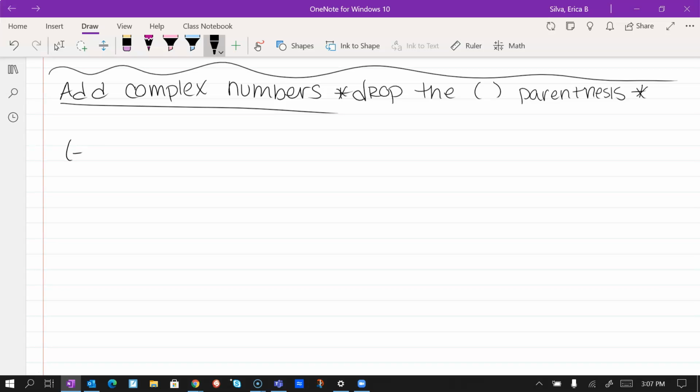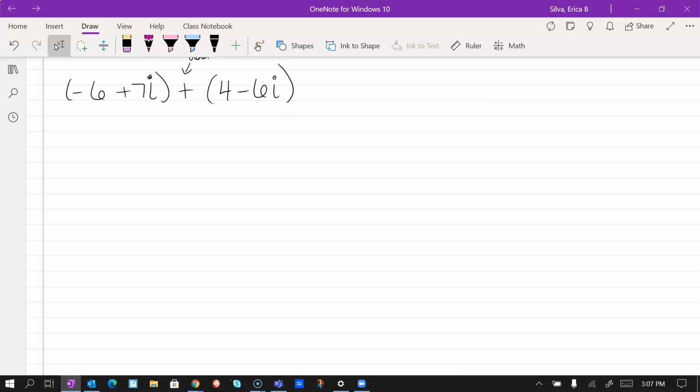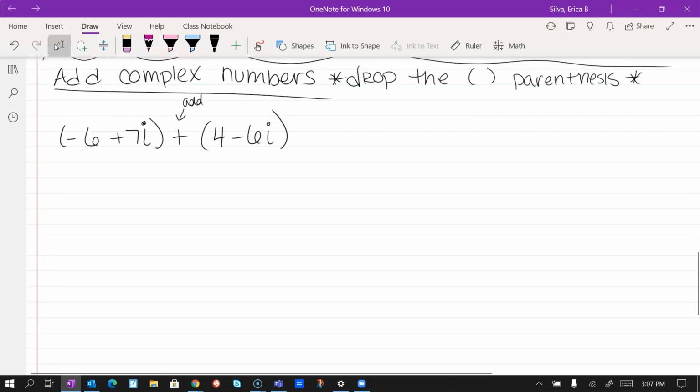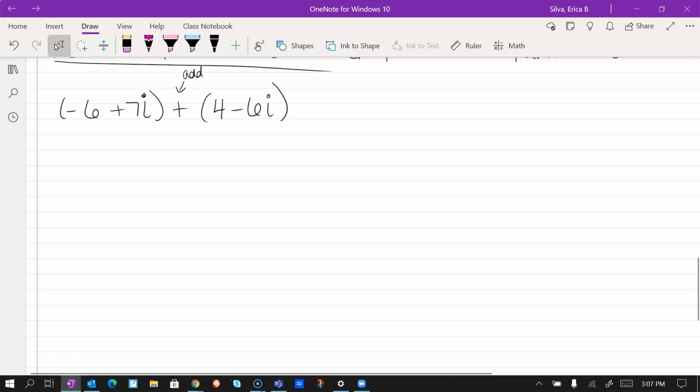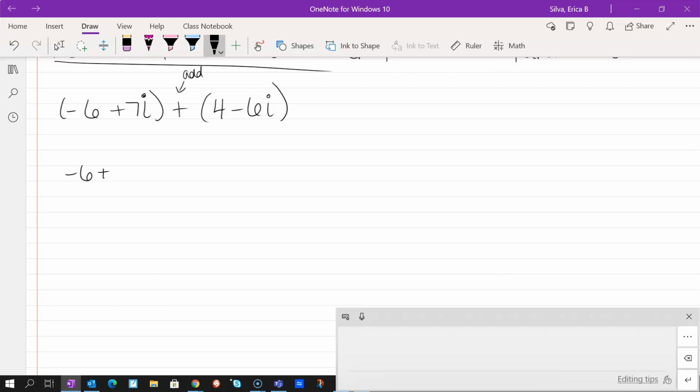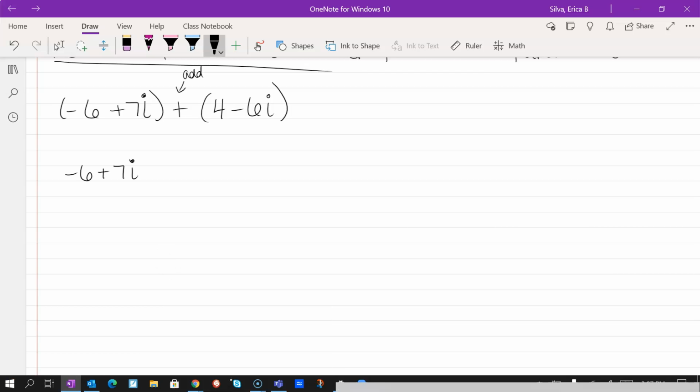So let's say we're adding -6 plus 7i plus, this is adding 4 minus 6i. So if we drop our parentheses, we're basically combining like terms. What I like to do is write like terms under each other. So I'm going to rewrite the first complex number without the parentheses. And then I'm going to write the second number right under it.